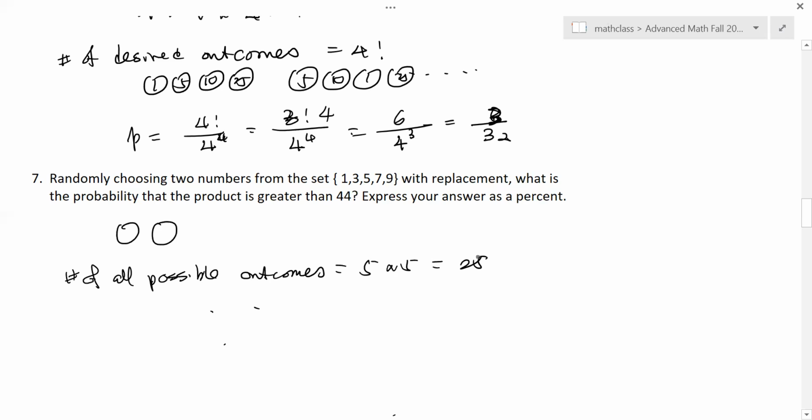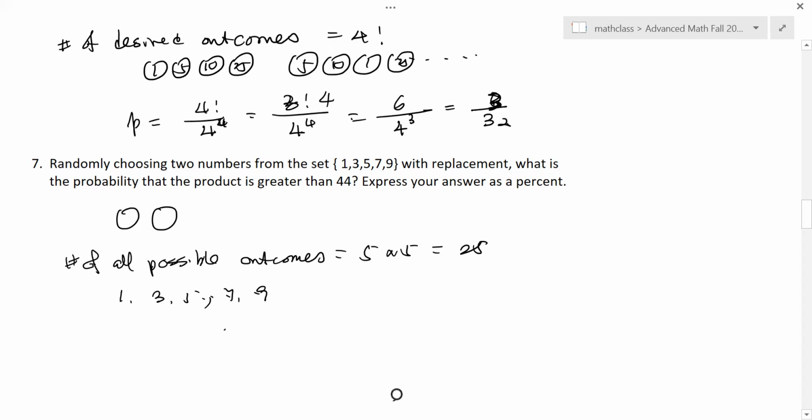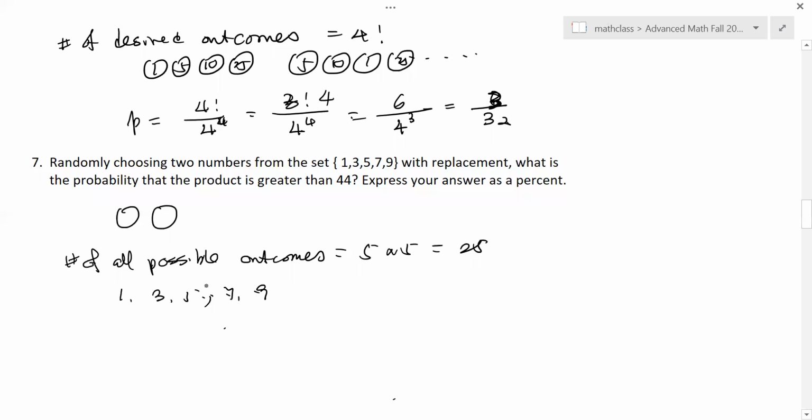Now you have to count those numbers whose product is greater than 44. But the order is counted, remember. So you begin with 1, 3, 5, 7, 9. 1 times any number, no. 3 times any number is still less than 44. So you begin with a 5. 5 times 7 is not, 5 times 9, yes.